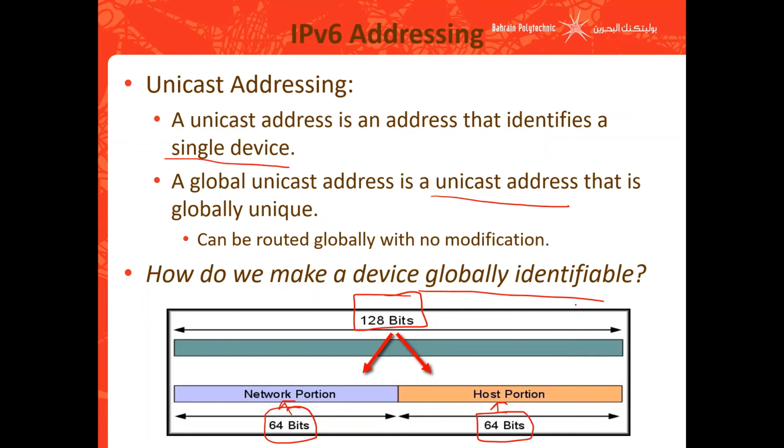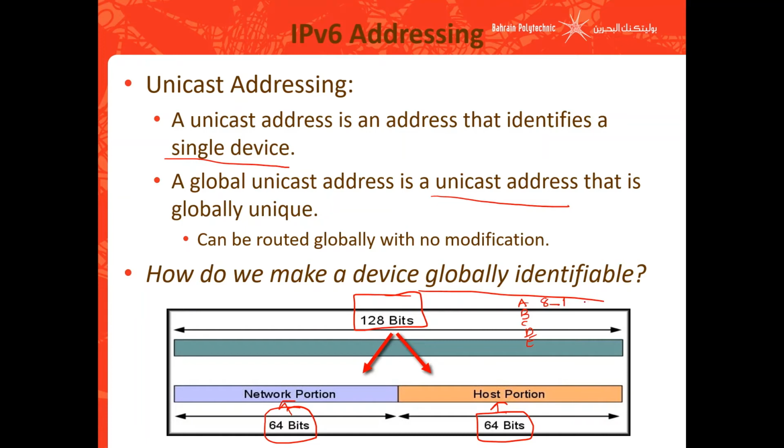If you remember from IPv4, we had different classes, right? A, B, C, D, E. All the addresses in these classes had a network and host portion, but they were different. For class A, you had only 8 bits, which is 1 octet, for the network.